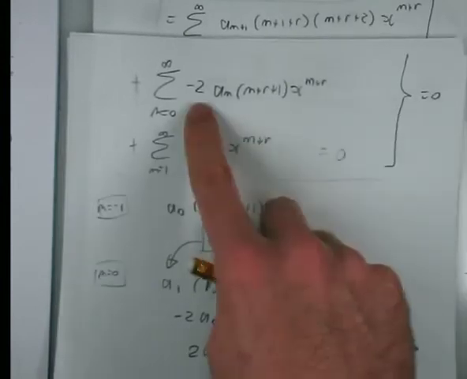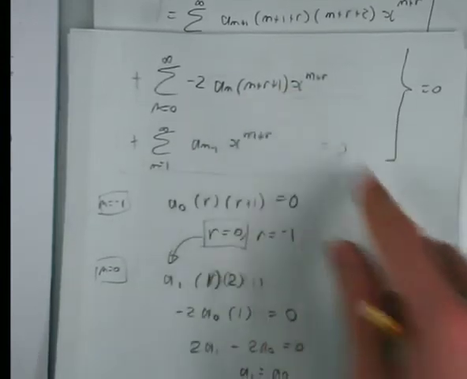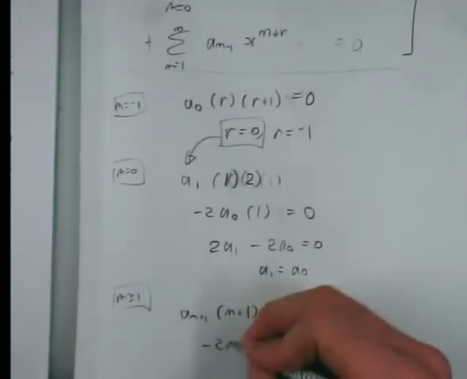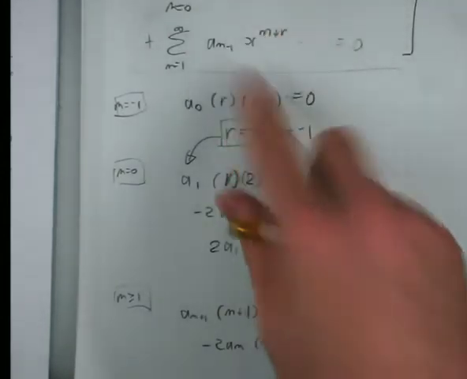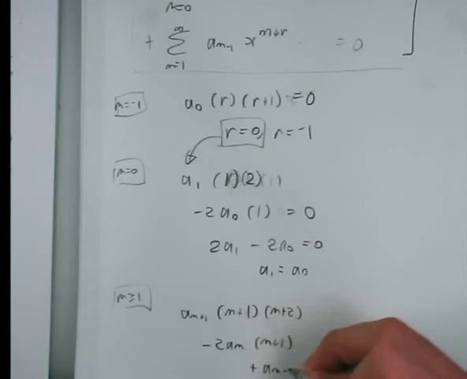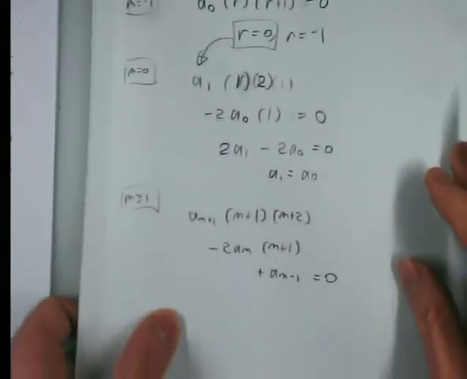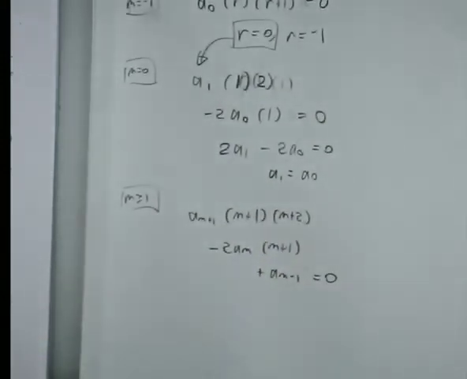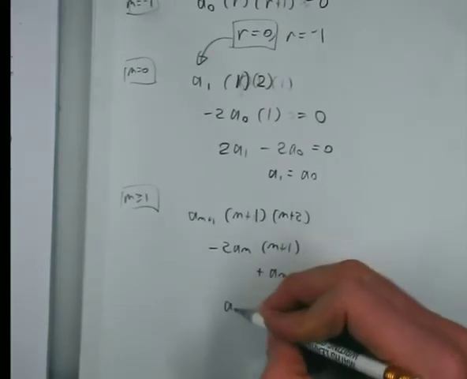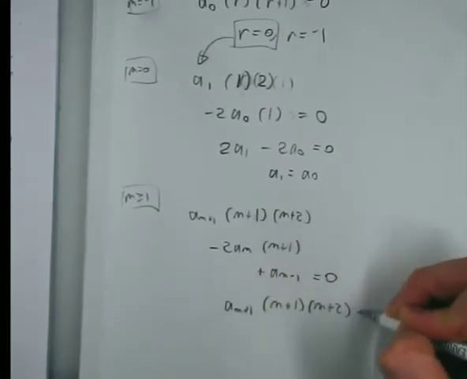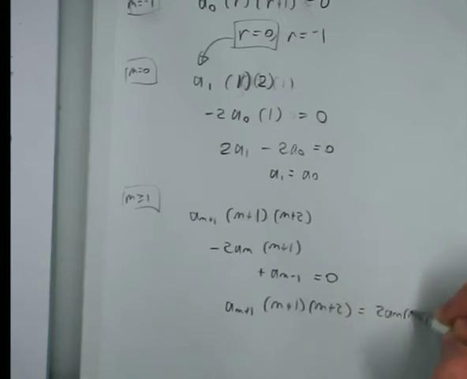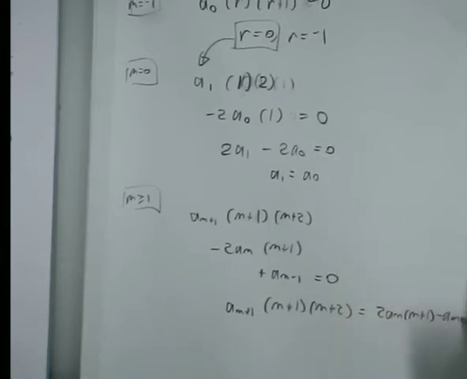Higher up I've got minus 2a m, m plus 1 because r is 0. And I've got a m minus 1. And that's all equal to 0. And so I should be able to rearrange that to get a m plus 1, m plus 1, m plus 2 equals 2a m, m plus 1 minus a m minus 1.